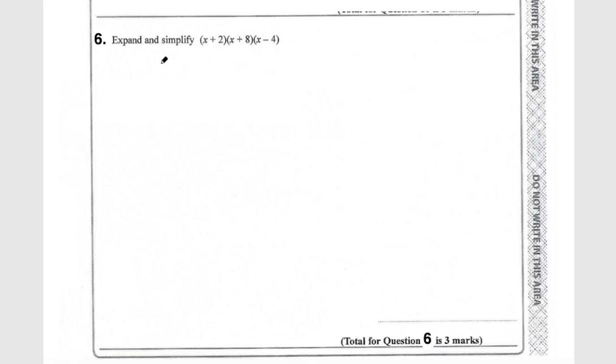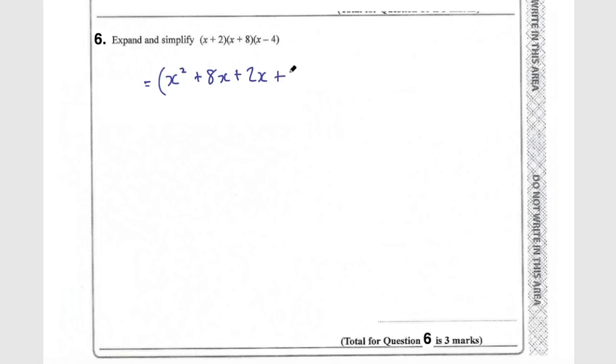And what we can go ahead and do here is to firstly expand out these double brackets. So I'll use FOIL, in other words, multiply the first terms in the brackets. So x times x is x squared. Then multiply the outer terms, plus 8x. Multiply the inner terms, plus 2x.